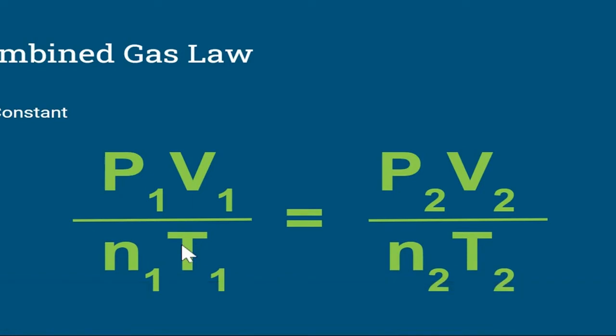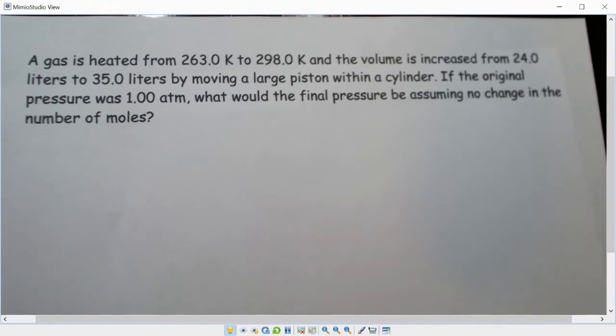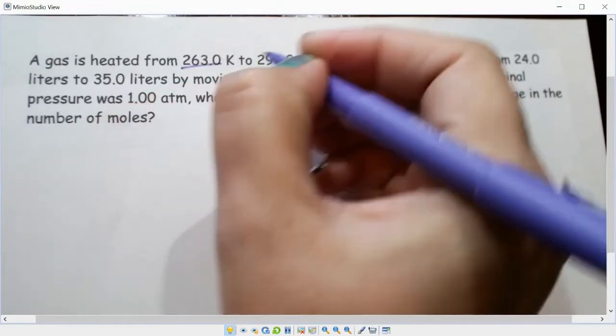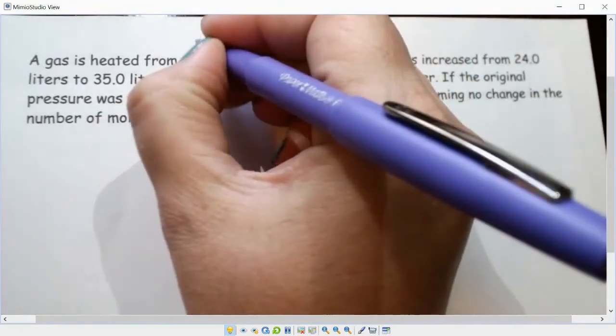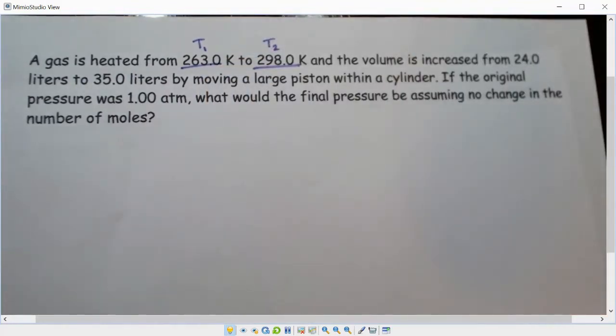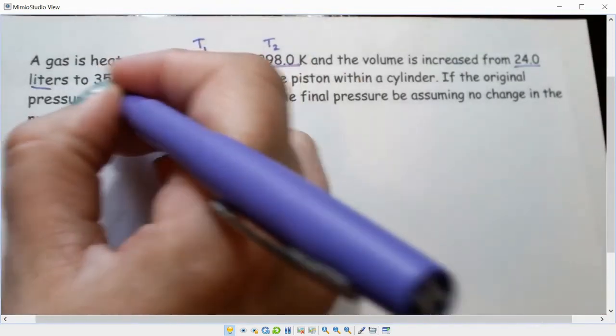Let's take a look at an example. Okay, so in this example, it says we have a gas that is heated from 263 Kelvin to 298 Kelvin. So I can tell that there's a change in temperature. And I can label those if it helps. It says the volume is increased from 24 liters to 35 liters.